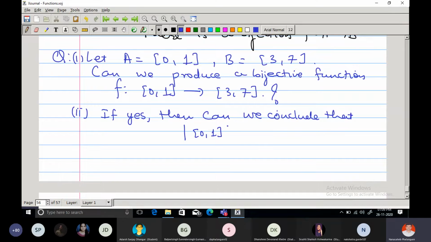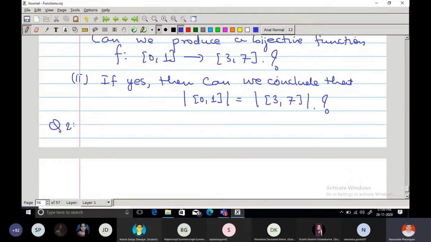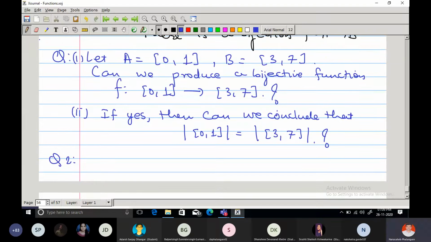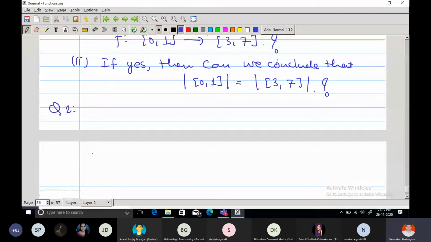Fine. Now, the next question I would like to ask is, because these are big questions which we are going to attend to: can you produce a bijective function f from interval (a, b) to interval (c, d), any interval to any other interval?